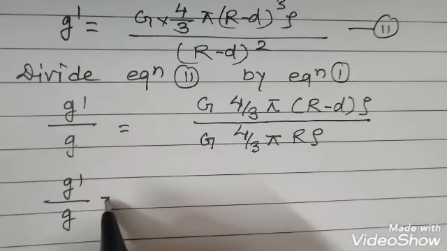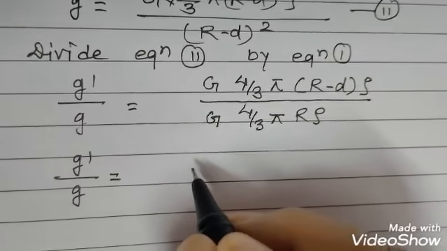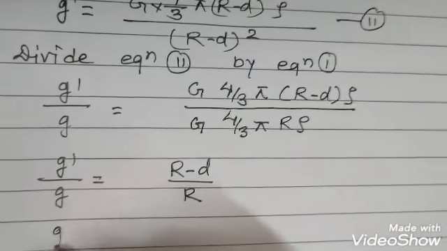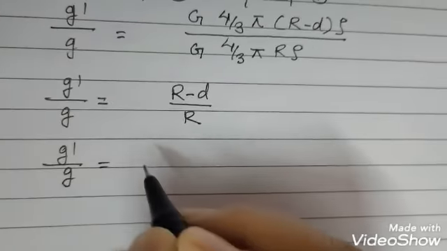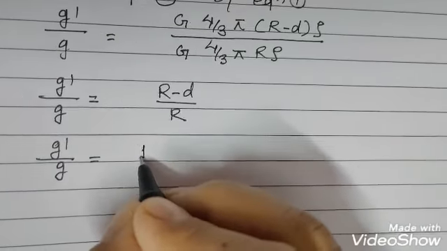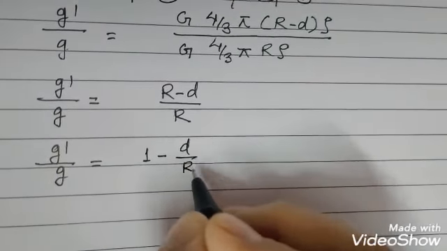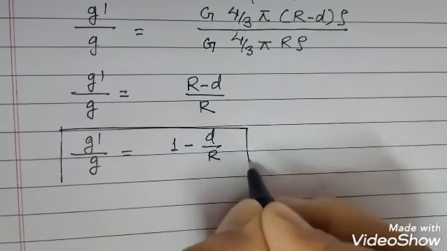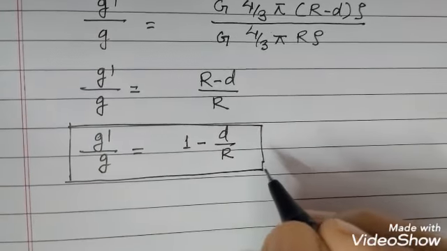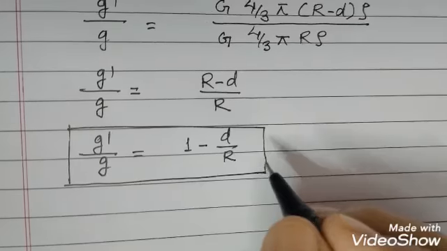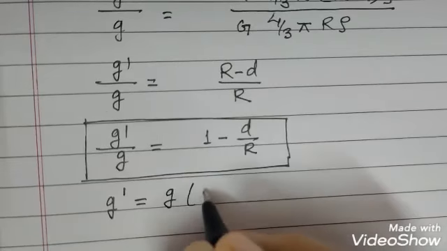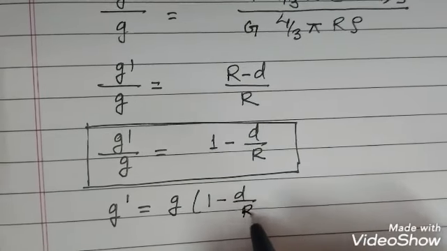The remaining value is R minus d upon R. Now g dash upon g is equal to R minus d upon R, that is 1 minus d upon R. So this is the ratio of the acceleration due to gravity at point B to the acceleration due to gravity at point A. Now we will see here g dash is equal to g into 1 minus d upon R.